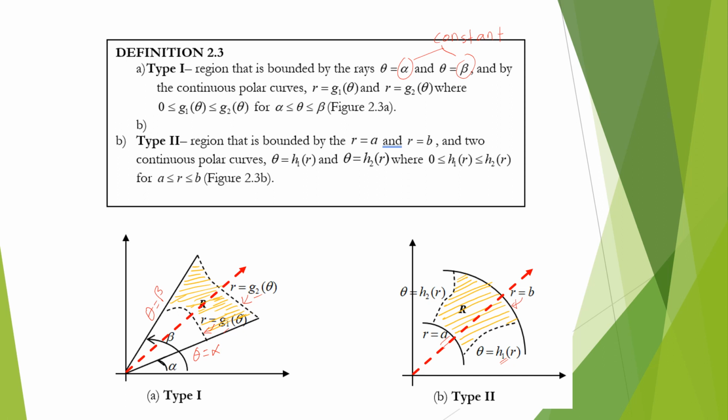We can see that for type 2, our r values, a and b, are constant. So type 1 has constant values of theta, and type 2 has constant values of r.